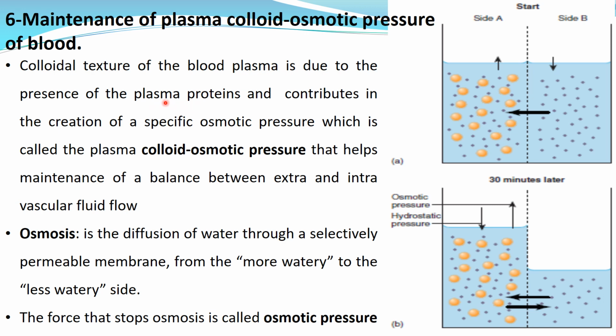So any change in the level of the plasma proteins might lead to an imbalance between the intravascular and extravascular fluid flow. So, as you know, fluid can move from one site to another through a process which is called osmosis, and it is the diffusion of water through a selectively permeable membrane from a more watery to the less watery side.